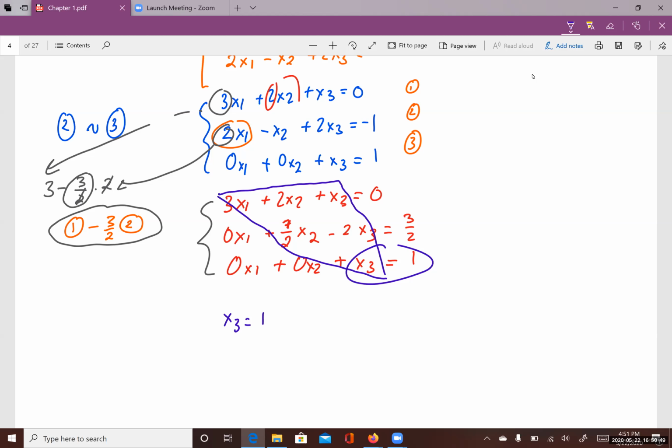Then if you solve for x2, you use the second equation. So 7/2 x2 equals 3/2 plus 2 times x3, which is 3/2 plus 2 times 1, which is 3/2 plus 4/2, which is 7/2. That means x2 equals 1.